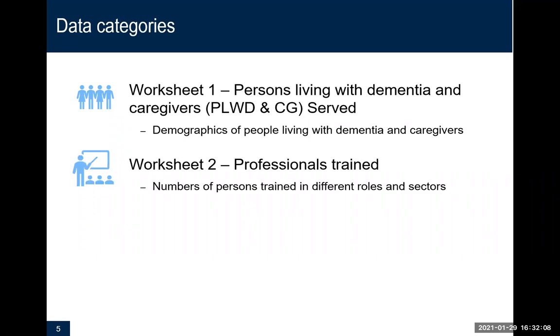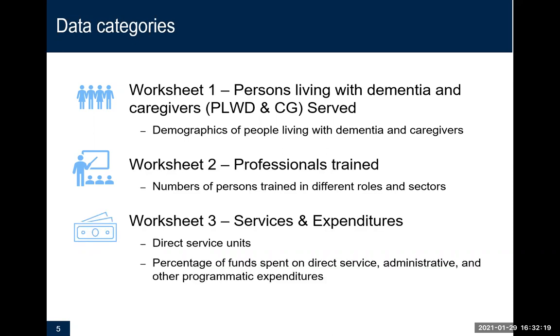The second worksheet is where you'll report the number of professionals that you train on dementia, and this is broken down by the role of the person being trained. Finally, the last worksheet is where you'll report the units of direct service you provide, as well as some basic information on the categories of your expenditures.